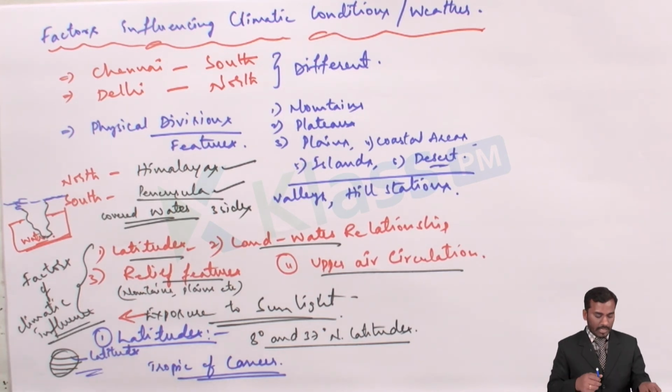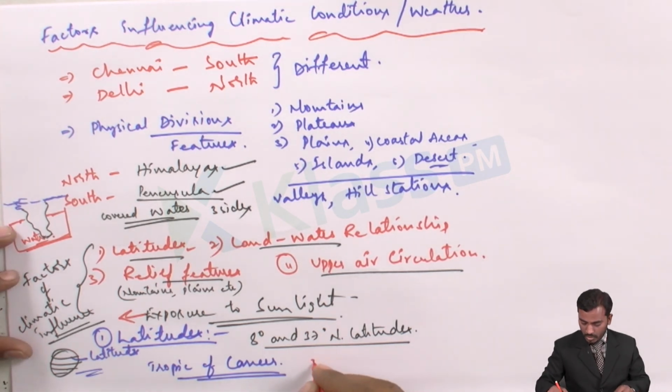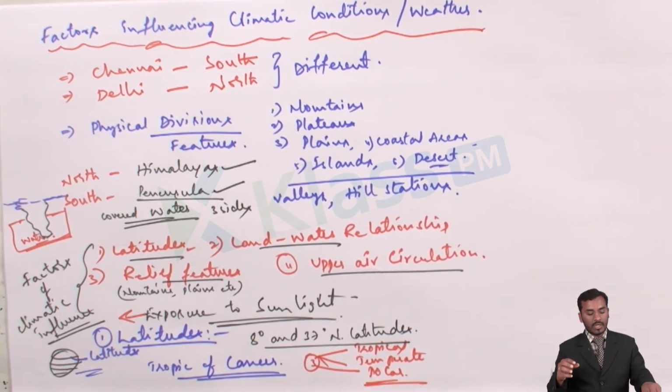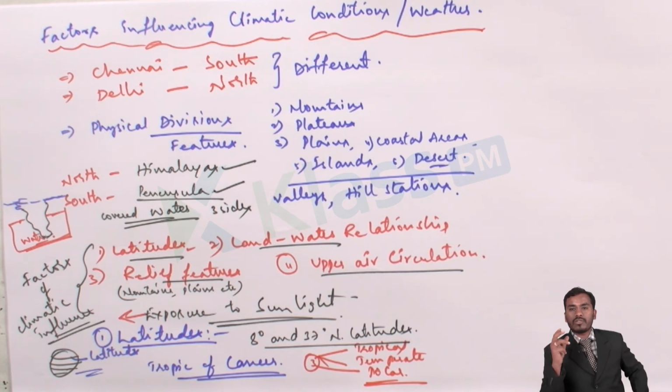According to the latitudes, the earth's surface is divided into three major zones. What are they? The first one is tropical, then temperate and polar. These are the three different climatic zones divided based on the distance from the equator.